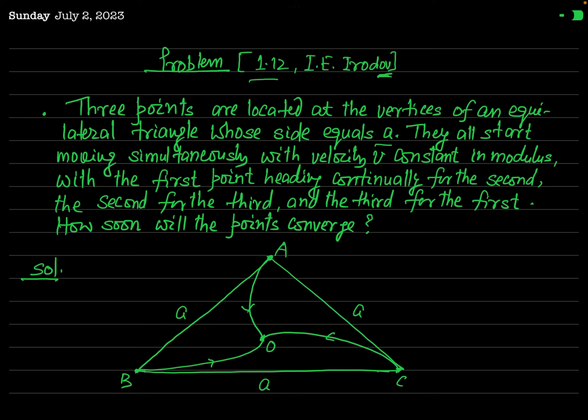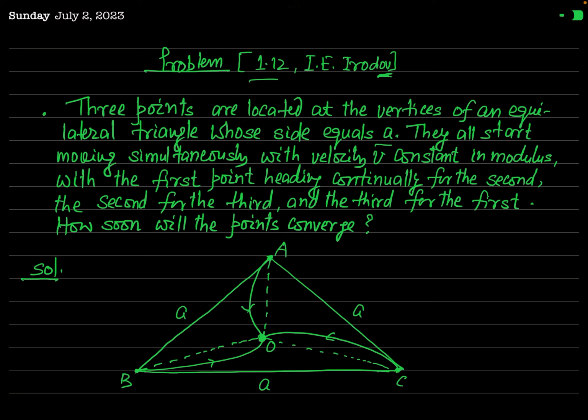So definitely the center of this equilateral triangle is equidistant from the initial positions of the particles. So you can say that all these 3 particles will meet together at the point O, which is the center of this equilateral triangle. Okay, all these particles will converge at this point.